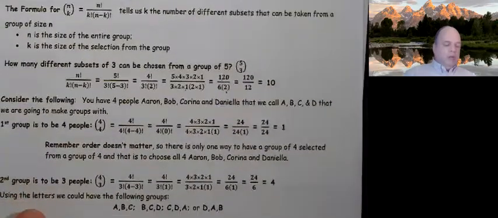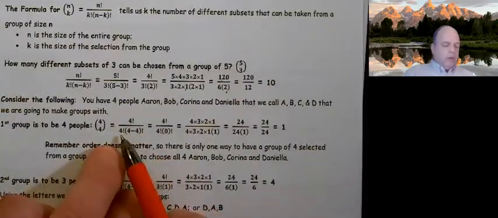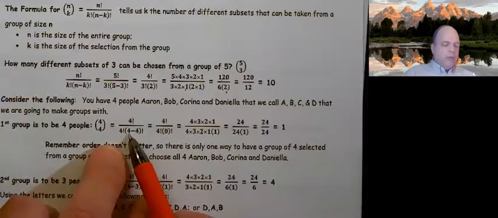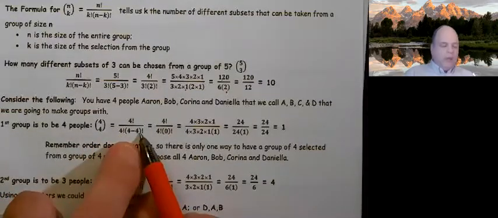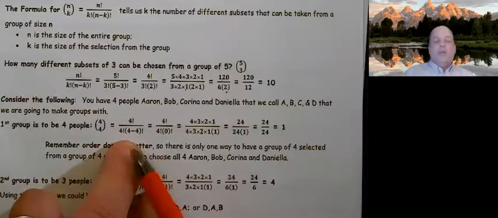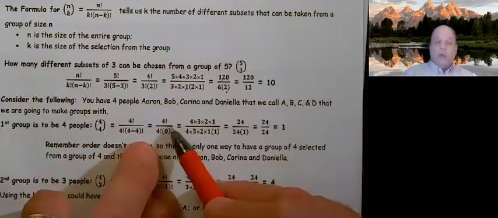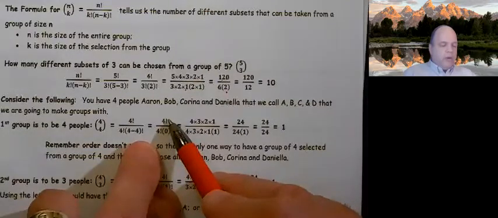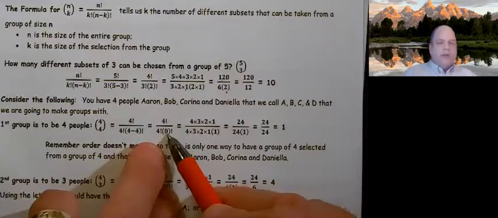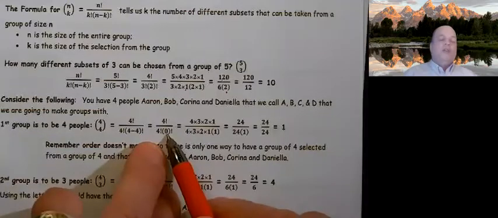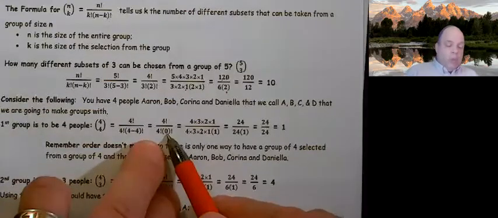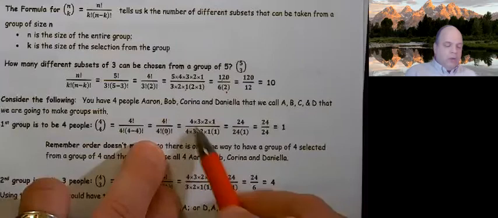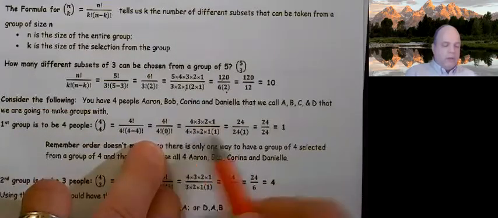So in this case, it'd be 4 factorial over 4 factorial times 4 minus 4 factorial. That would be if I was showing all my work, which you're not going to be required to do because we're not going to do this type of work. This is for information. So 4 factorial over 4 factorial and 0 factorial. By the way, 0 factorial is 1, all right? So 4 times 3 times 2 times 1 over 4 times 3 times 2 times 1, and then 0 factorial is 1.